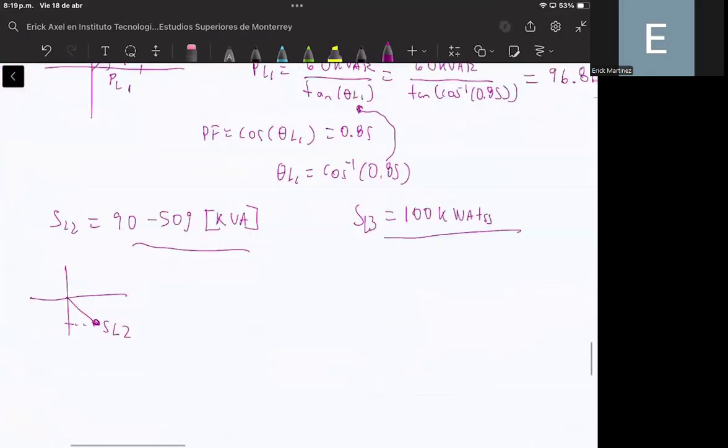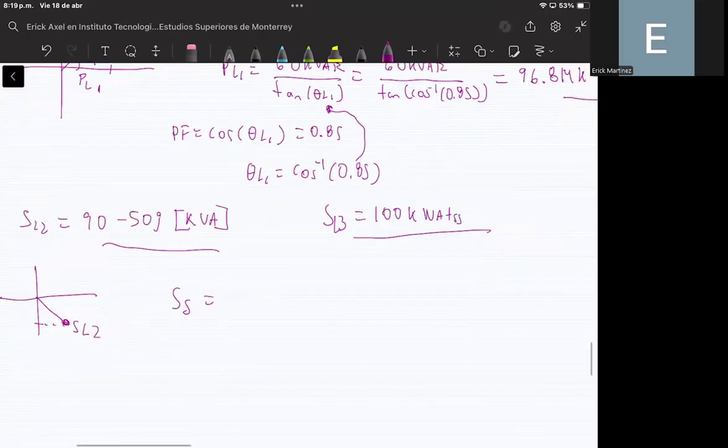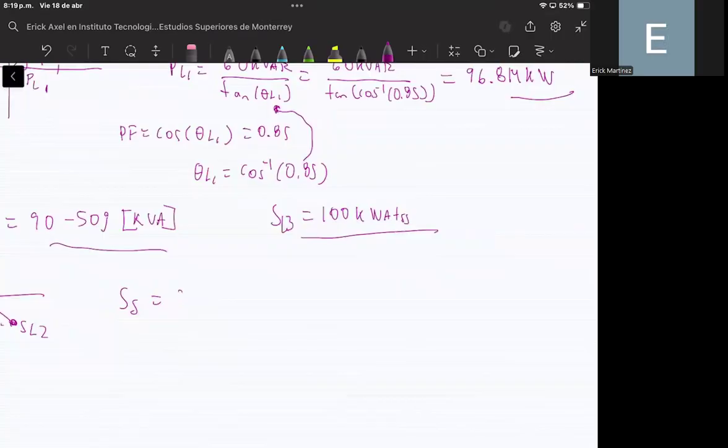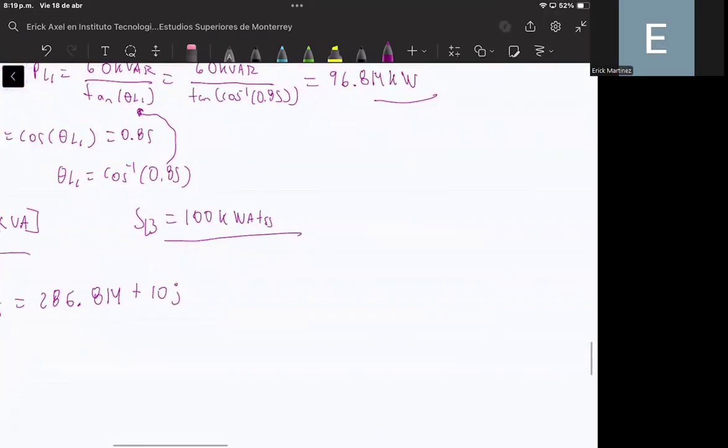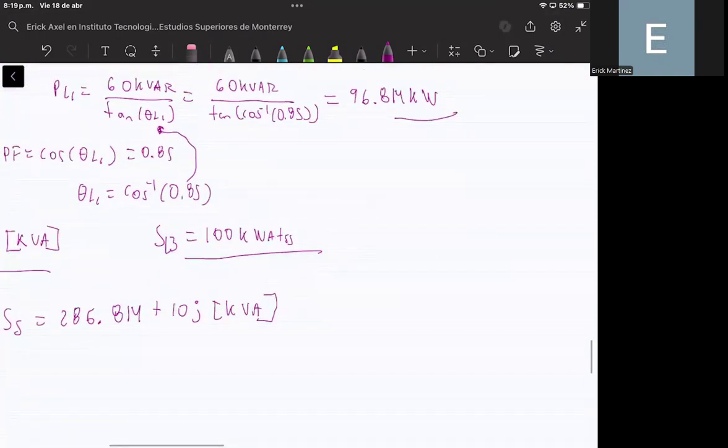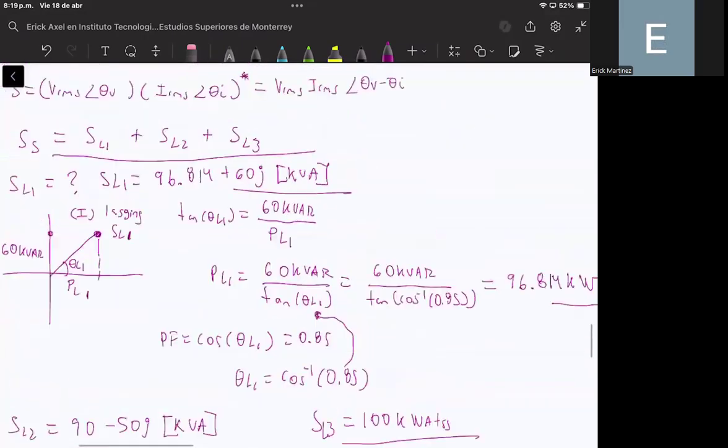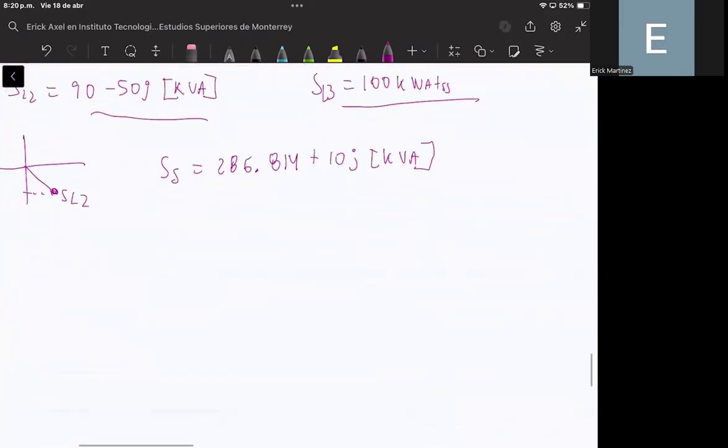If we add these values together, we obtain the complex power provided by the source, which is equal to 286.814 plus j10 kilovolt ampere. So basically this is the result.